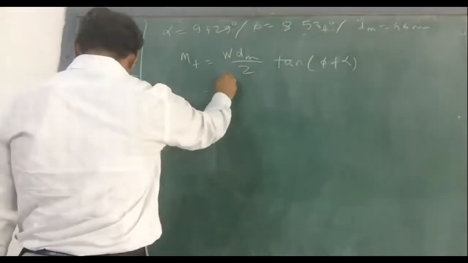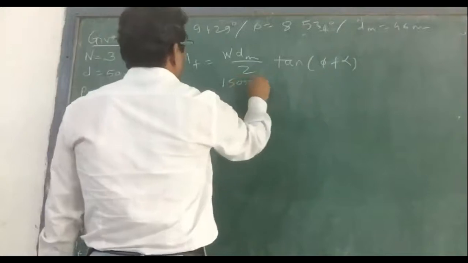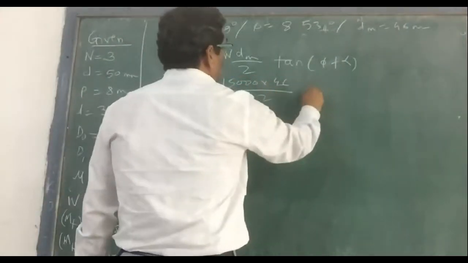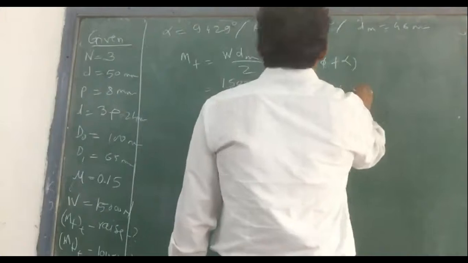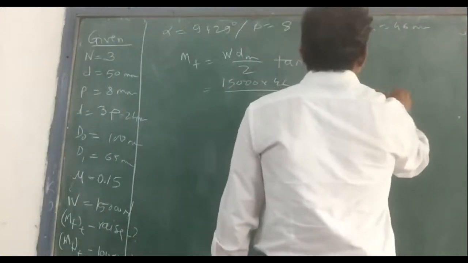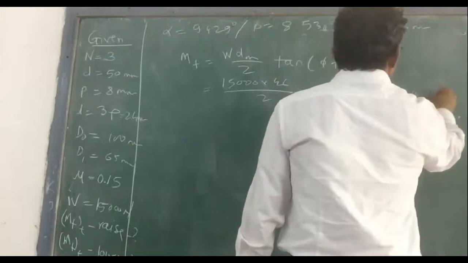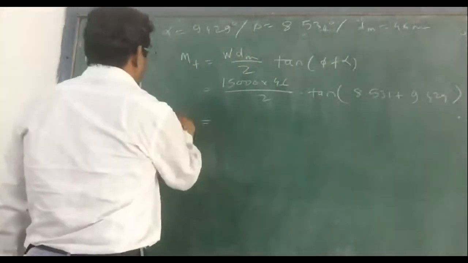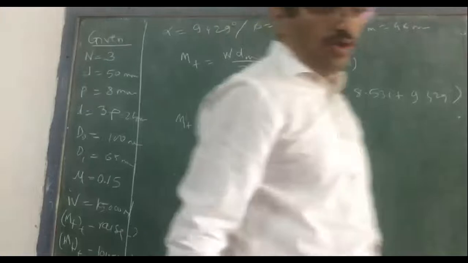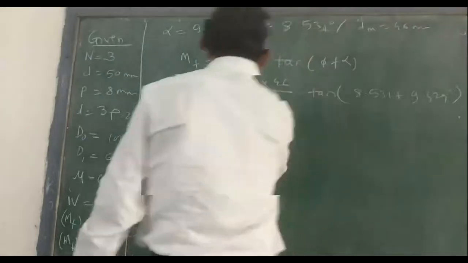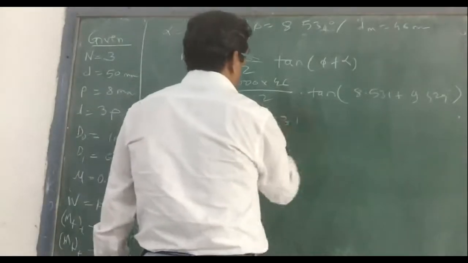W is 15,000. So 15,000 into 46 upon 2 into tan of phi plus alpha, where phi is 8.531 plus alpha 9.429 degrees. This gives the torque required to raise the load, which is 111,831 Newton mm.